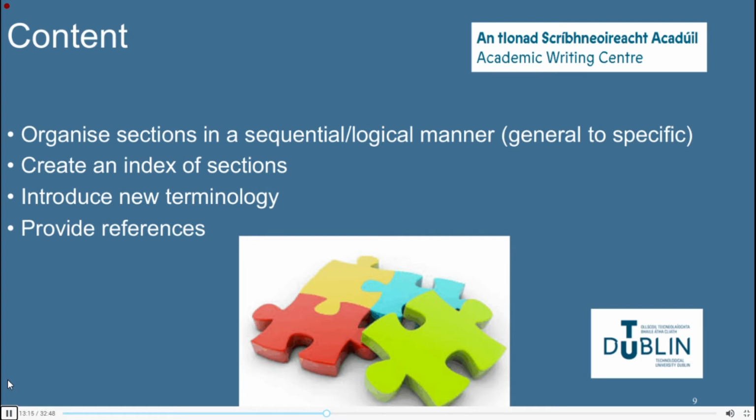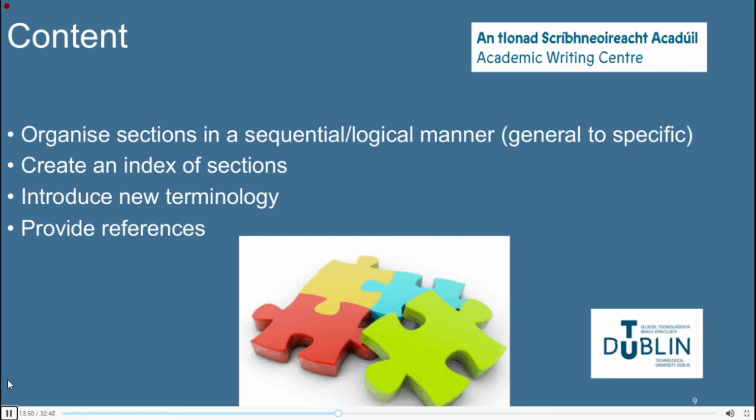Finally, to organize content, perhaps it is a good idea to think about this image of the jigsaw and how all the pieces fit together in order to provide an image. As we were saying, perhaps organize this content in a sequential and logical manner. This idea of the general to specific, which is sometimes colloquially called the funnel technique.